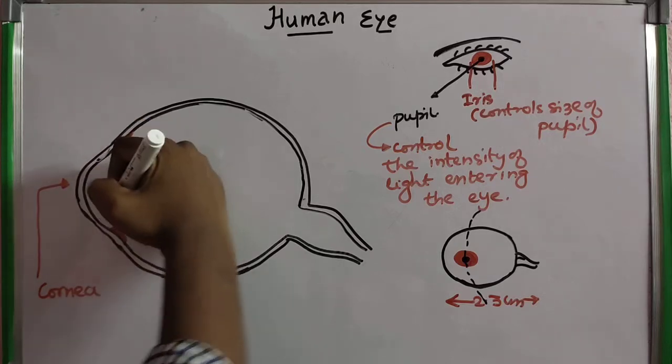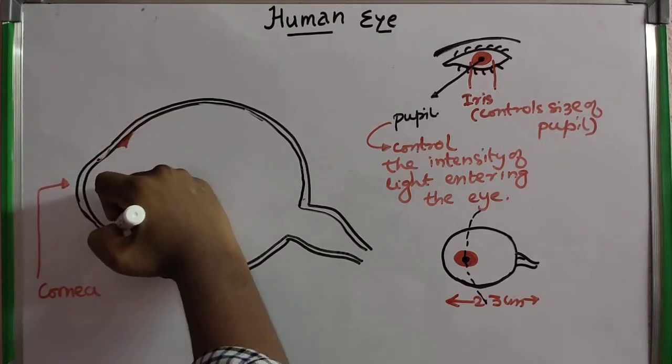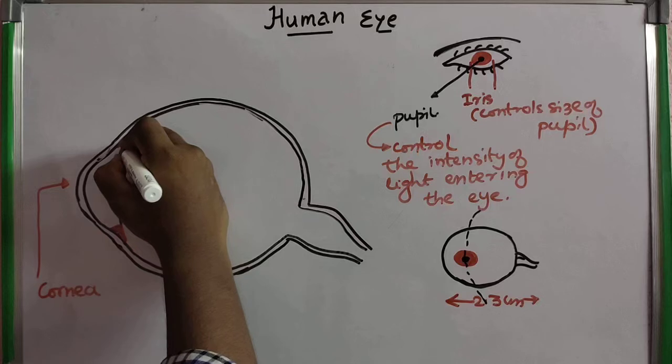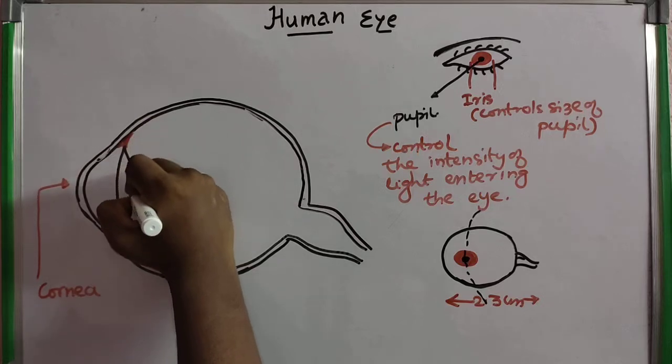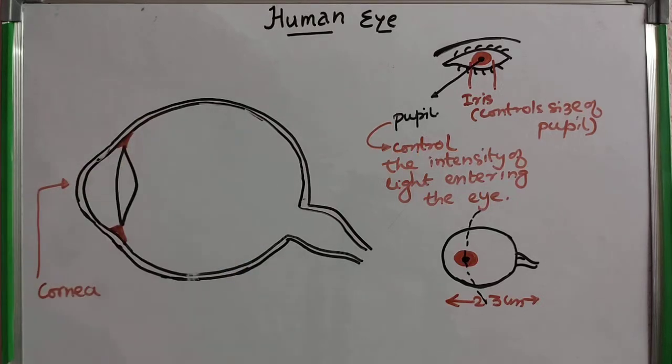Yes, inside the eye we have a lens. And how does this lens look like? It looks like a convex lens, correct? So these muscles which are showed with red are called ciliary muscles.